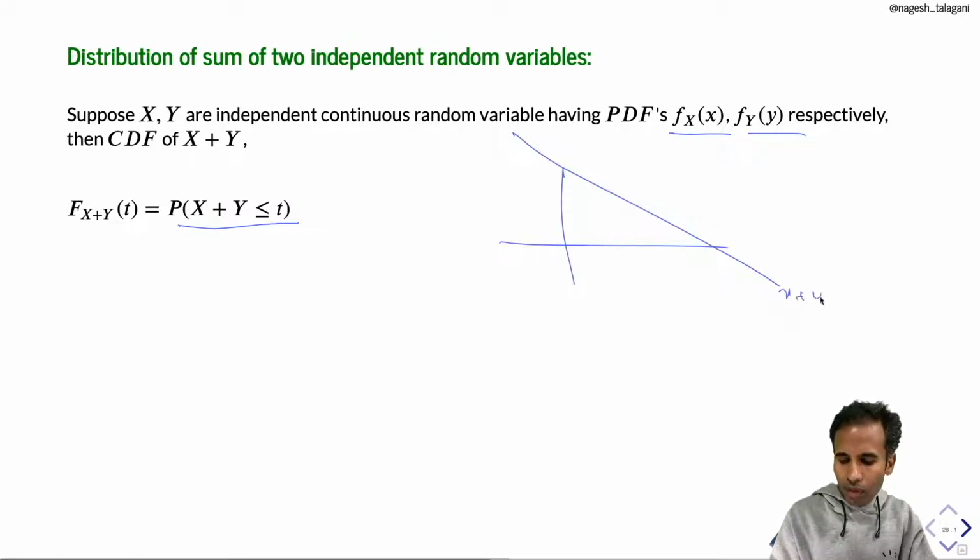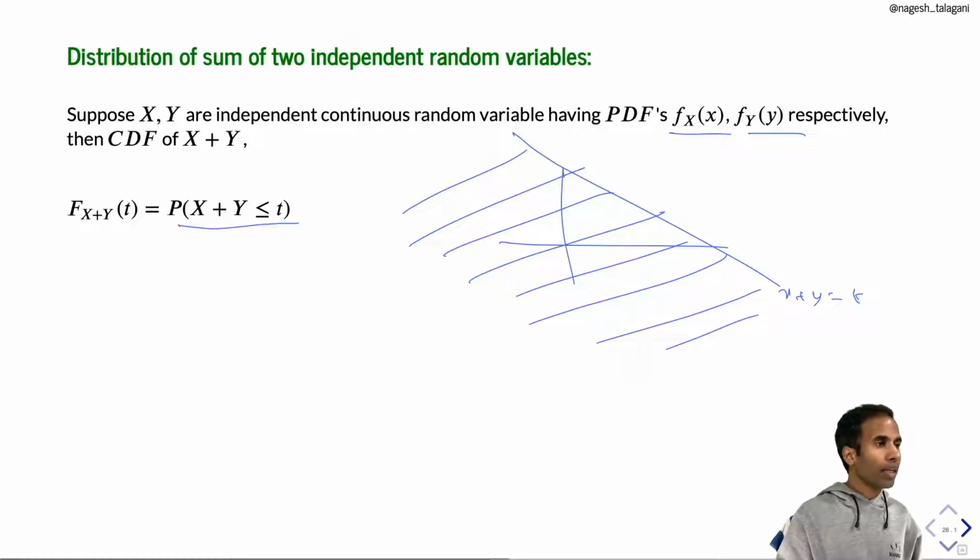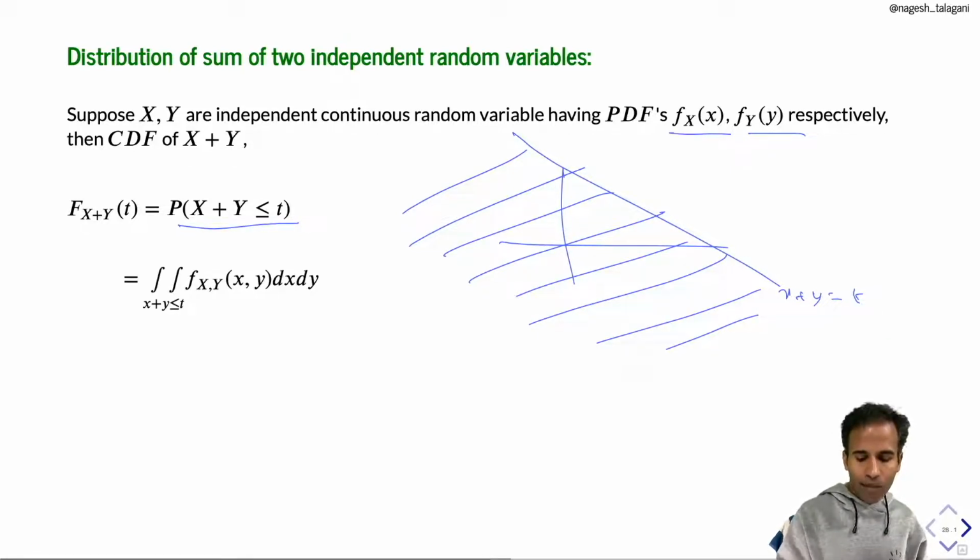If this is the line X plus Y equal to t, then the X plus Y less than or equal to t region is going to be this. So we have to double integrate the joint PDF of X, Y over the region X plus Y less than or equal to t. This is how we end up with the probability of X plus Y less than or equal to t. Here X and Y are independent, right?